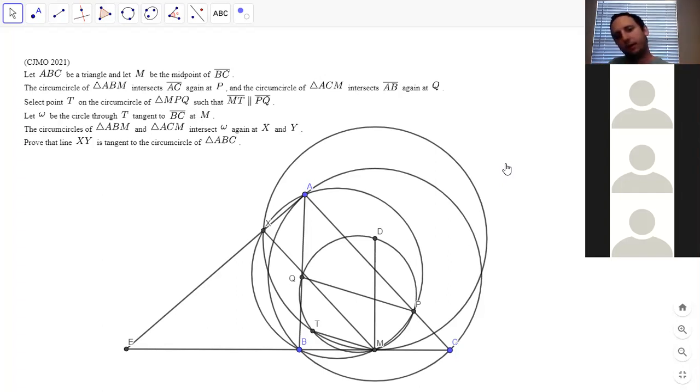So basically, we could show DA equals DP, and we can show DX equals DM. What else would we need to show that AP is parallel to XM? So D is actually the circumcenter of APQ.